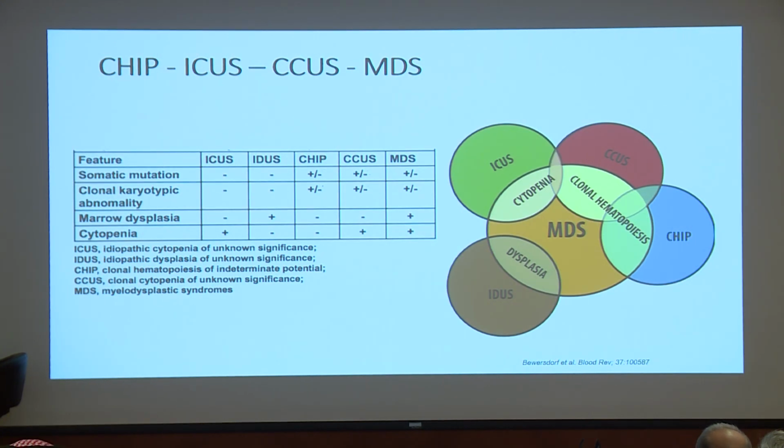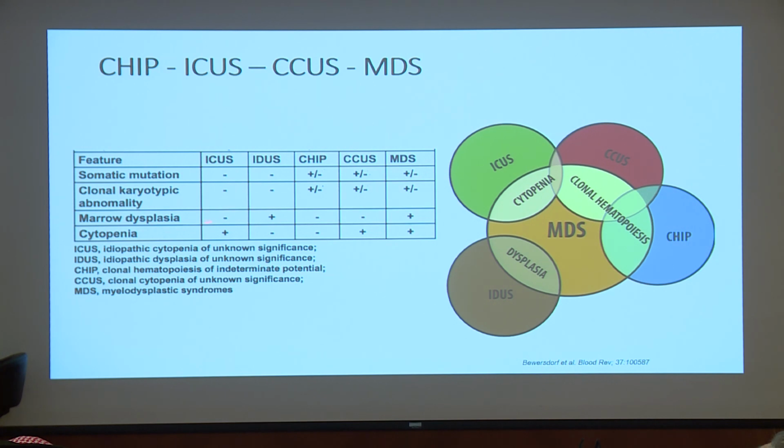hematopoiesis of indeterminate potential. During the past 10 years, a few pre-MDS terms came up, and these are ICUS, IDUS, CHIP, CCUS, and MDS.